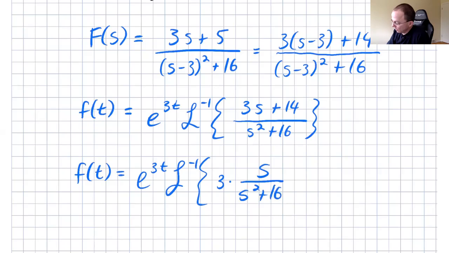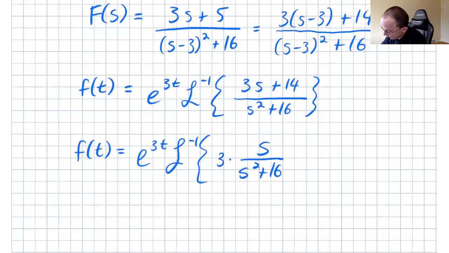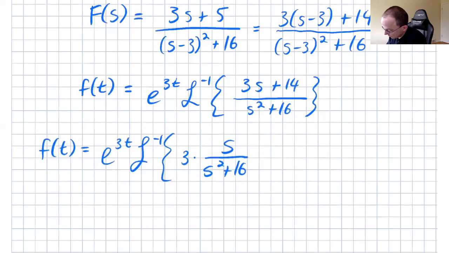So this will be our cosine 4t term. And then we need to have plus, I guess it's 14. So it's going to be 14.